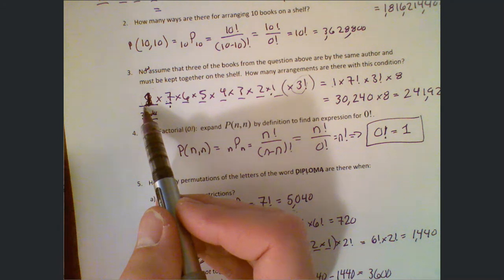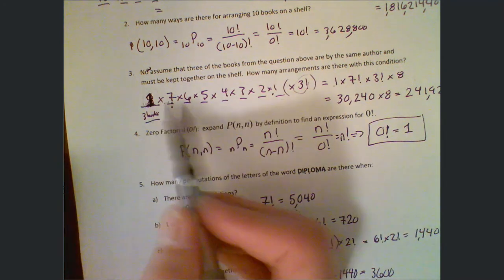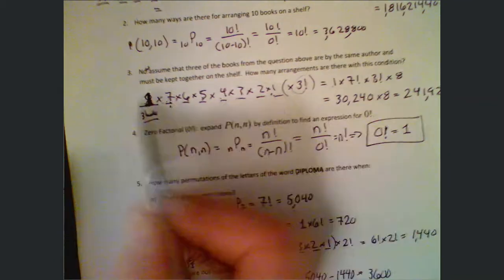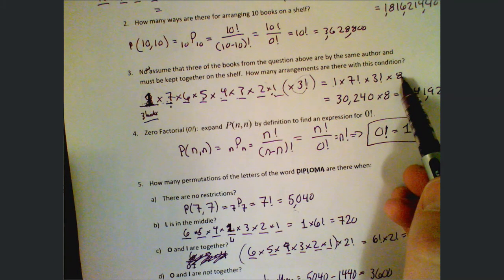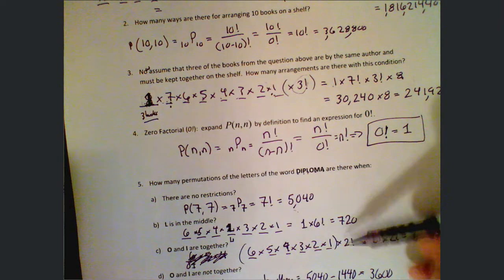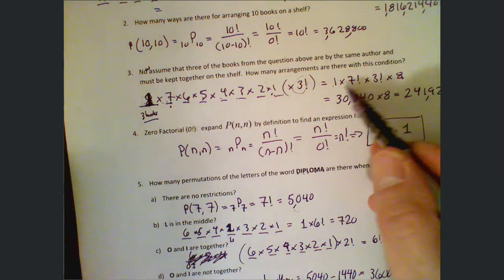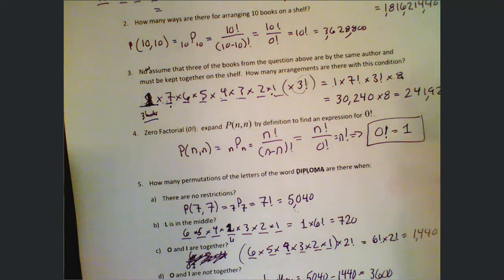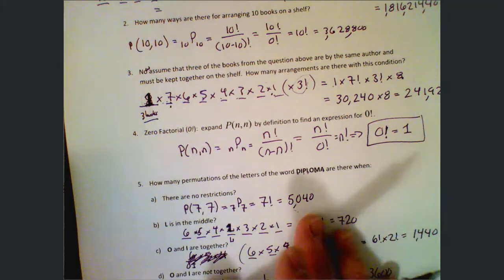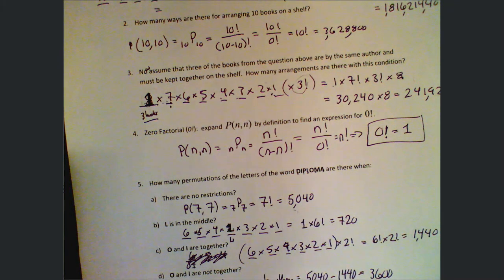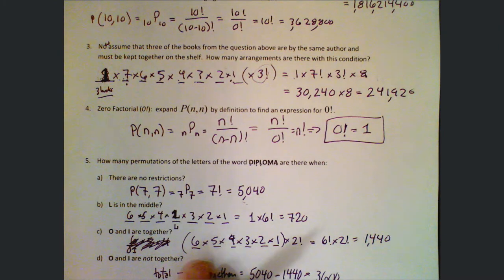But then there's 8 positions left that I had to multiply it by. So had I done it the exact way I did the one down here, I would have written 8 factorial times 3 factorial, which would be exactly that same number. So again, you can approach it from different ways to get the same solutions. It's really about how you see it, but realizing that permutations are where order matters. Okay, from here we're going to work on the problems that are related to this.